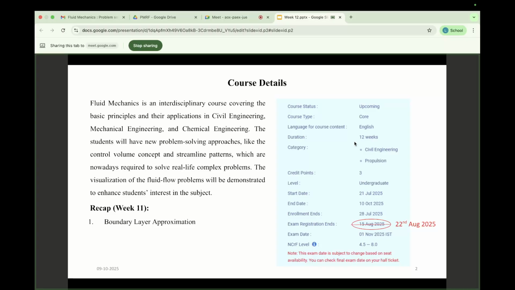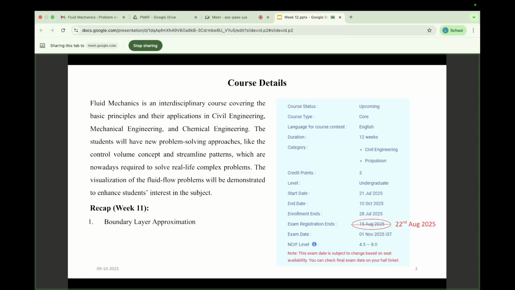Coming to the course details, this is fluid mechanics. As you have almost completed this course, you have seen that this is an interdisciplinary subject. You have studied fluid flow, fluid statics, pressure, velocity, how to measure pressure, how to find velocity and pressure drop, and even losses in a pipe, and many more things.